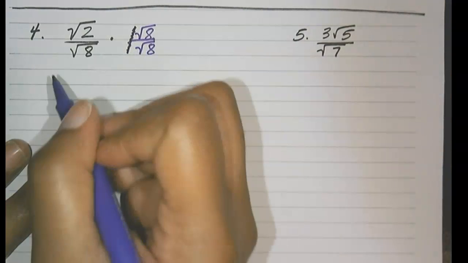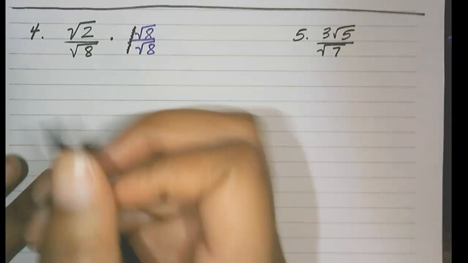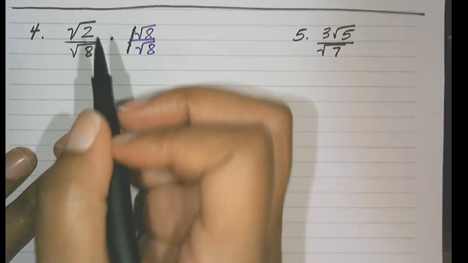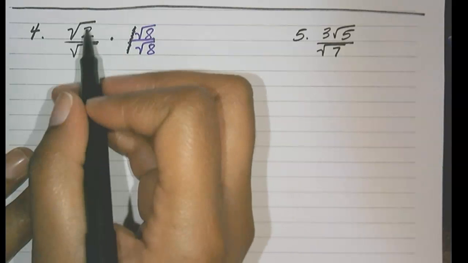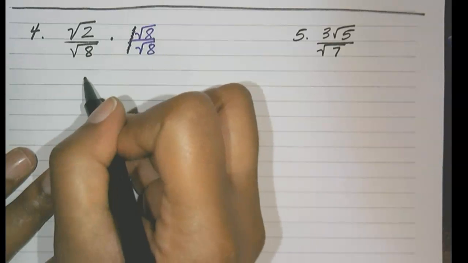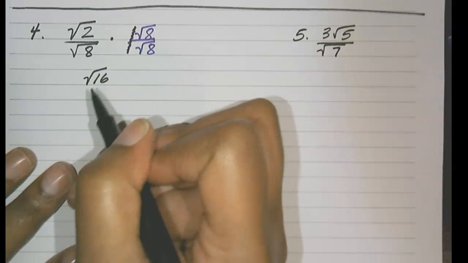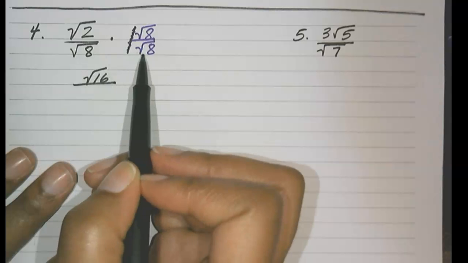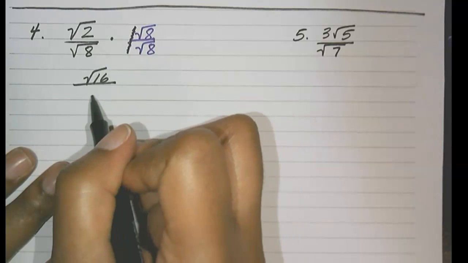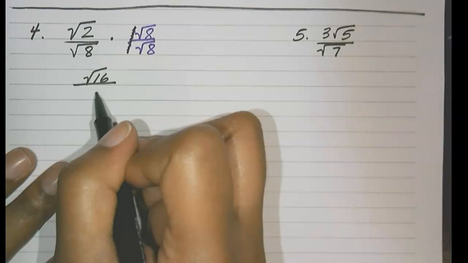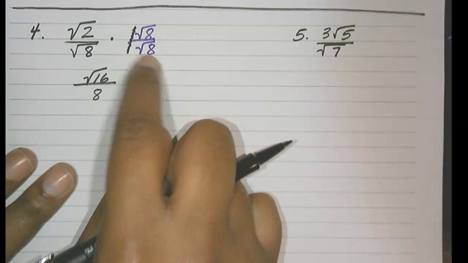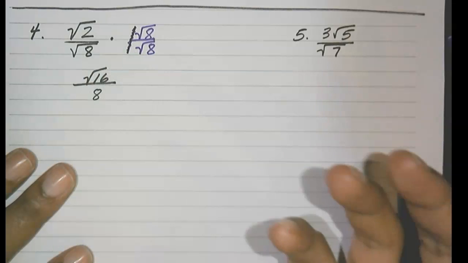All right, so what you have here is we multiply fractions going straight across. We reviewed this, people. All right, so the square root of 2 times 8 is going to be the square root of 16. Okay, in the denominator, the square root of 8 times the square root of 8, well, that is 8. That's like the square root of 64, and the square root of 64, when you multiply those, will give you 8.